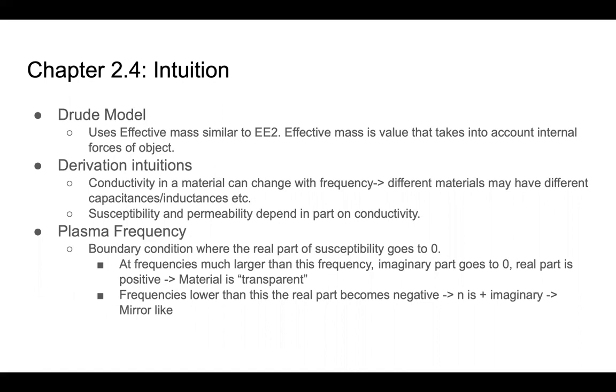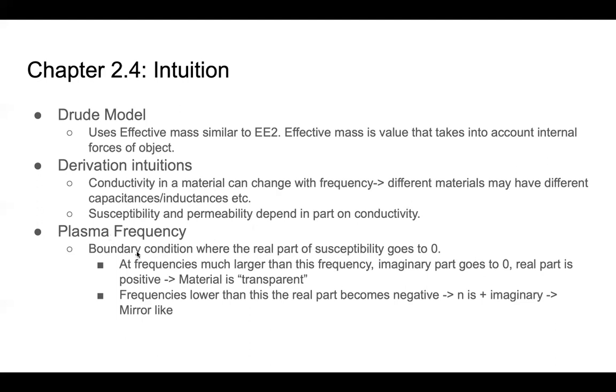And if you remember from your circuits class, right, the frequency response of different circuits will change depending on the capacitance and inductance in the circuit, right? It's kind of the same idea with materials. The conductivity will change with frequency, because the response will change with frequency, and because the susceptibility and permeability depend in part on conductivity, susceptibility and permeability might change with frequency.